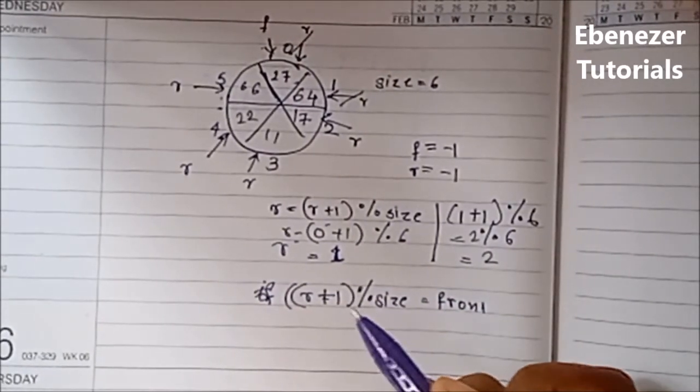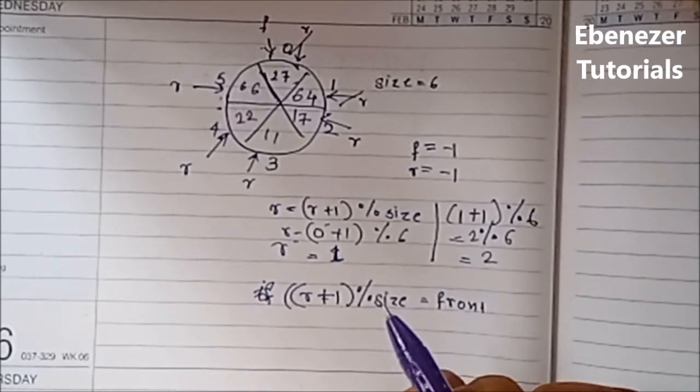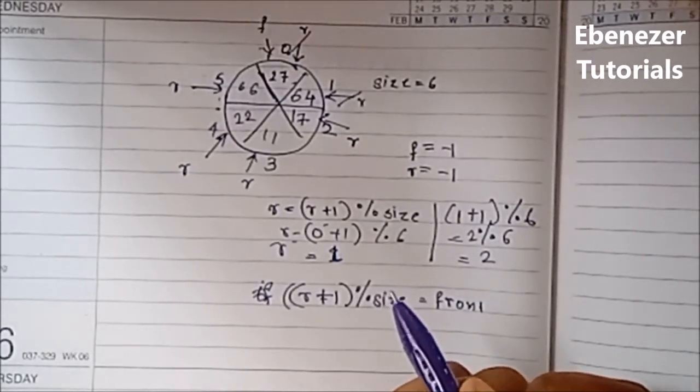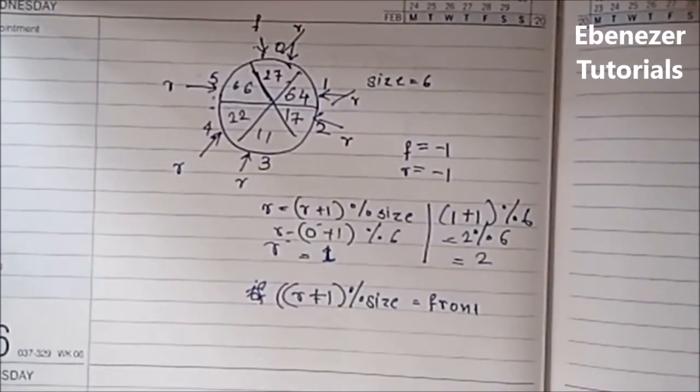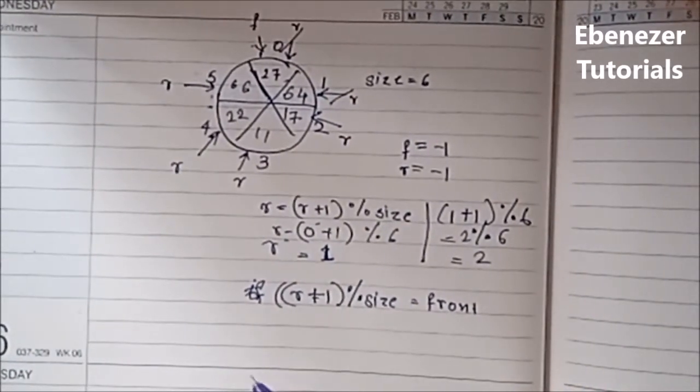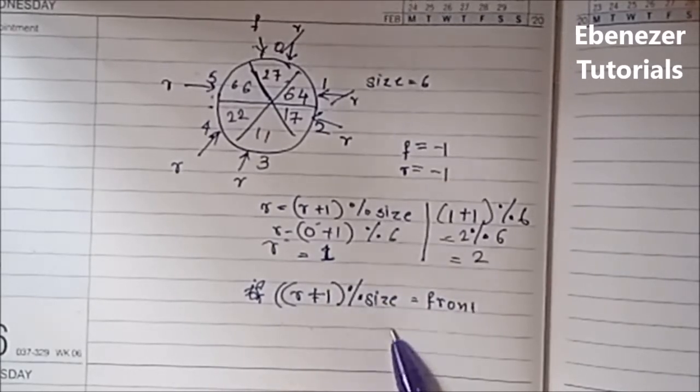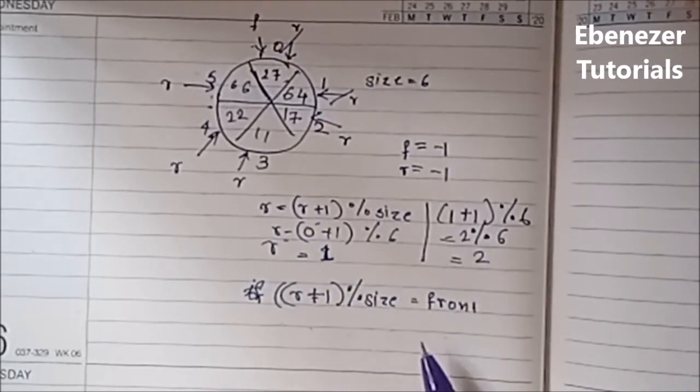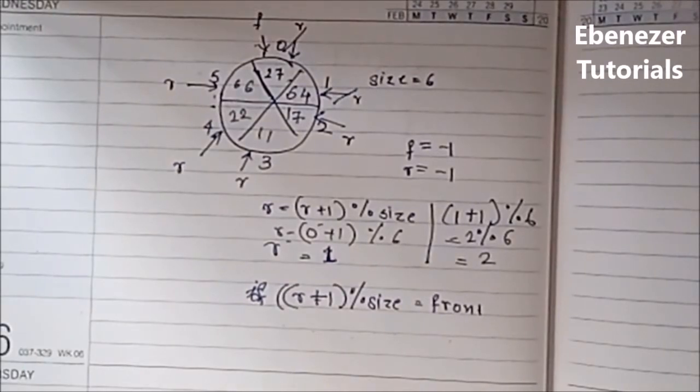And if at all the queue is full, we can't proceed with the insertion, which is actually the first condition that we check in the NQ operation. So what is that condition to check if the queue is full? It is rear plus 1 mod size equal to front. So this is the NQ operation.